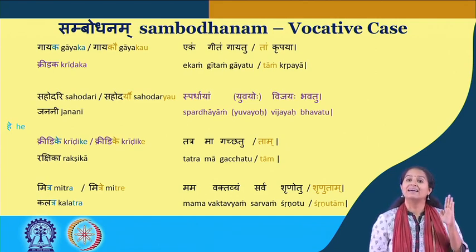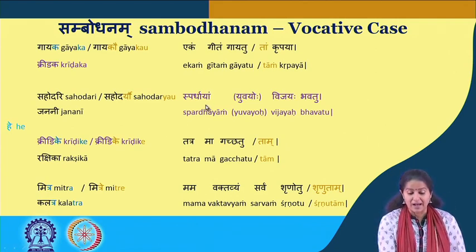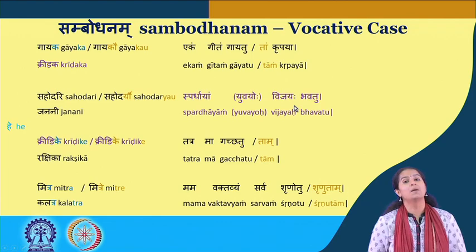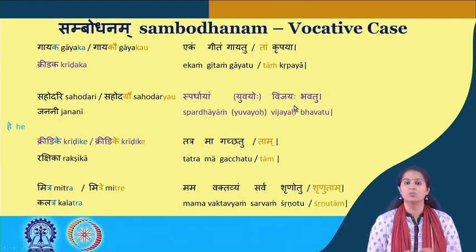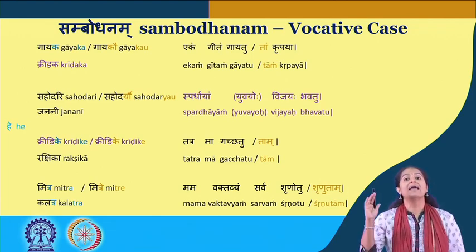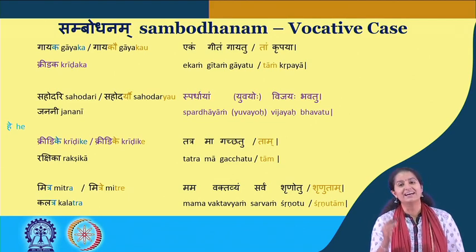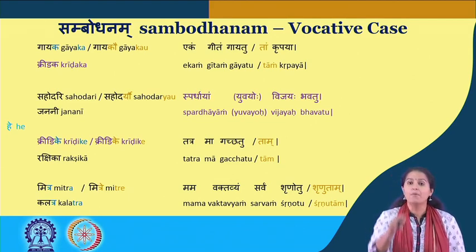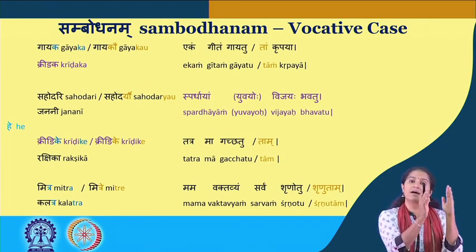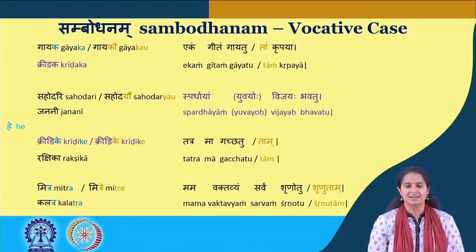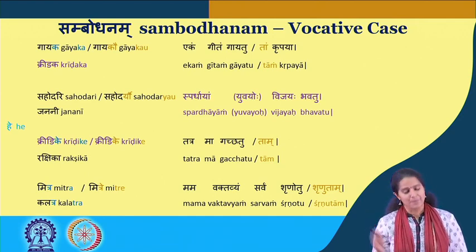Next, Hey Kridaka Spardhayam Vijayaha Bhavatu. So in the competition, may you be successful. If the two of them, Hey Kridakau Spardhayam Yuvayoho. So you have put it in brackets because it is only relevant when there are two players taking part in the competition. Yuvayoho Vijayaha Bhavatu.